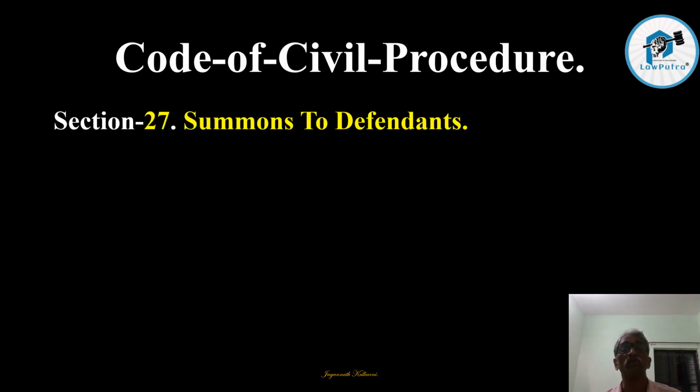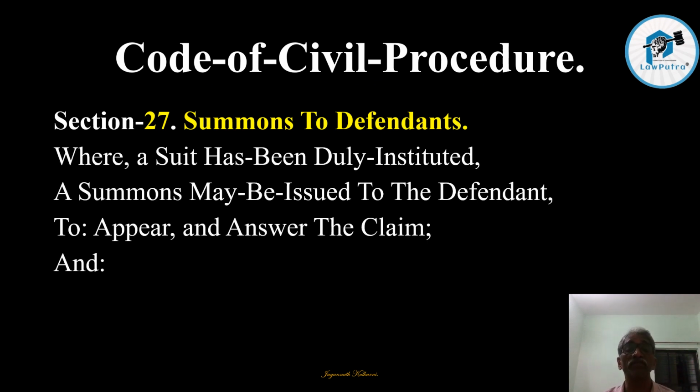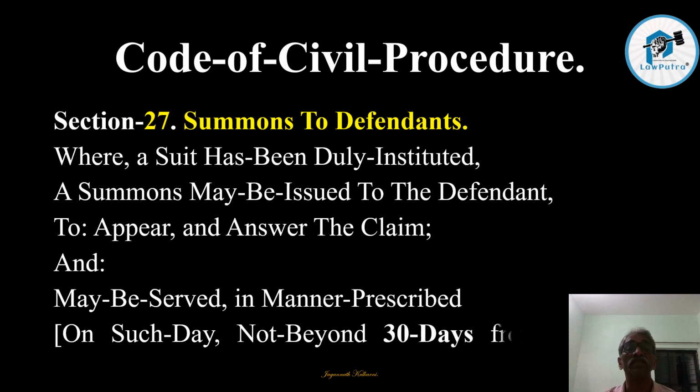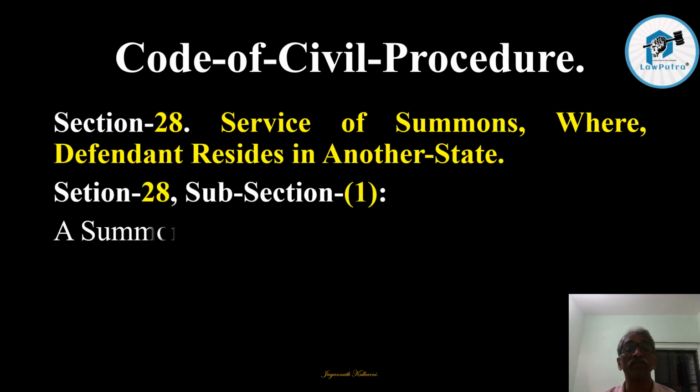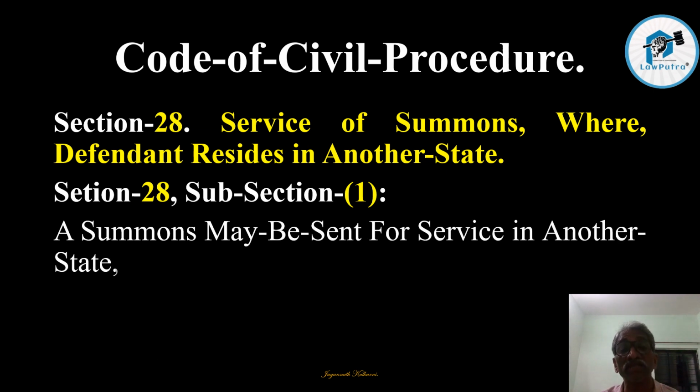Now, the Code of Civil Procedure also has section 27, which talks about summons to defendants. Then section 28 talks about service of summons where the defendant resides in another state.